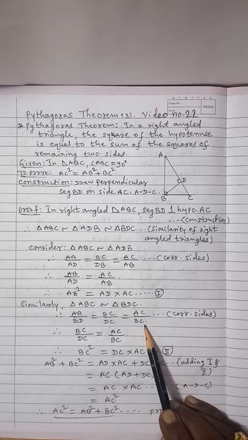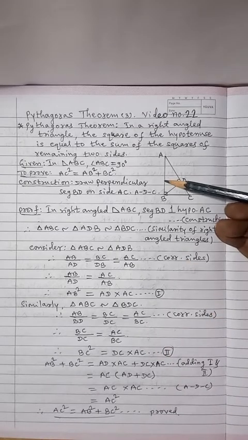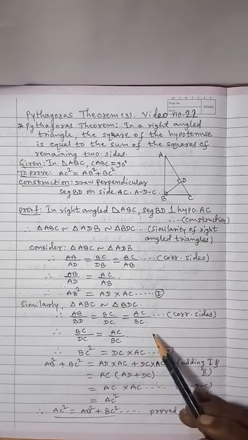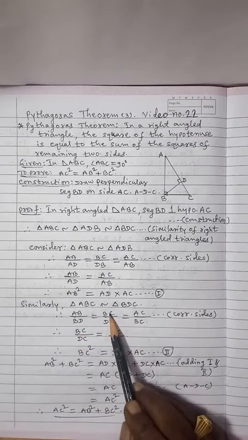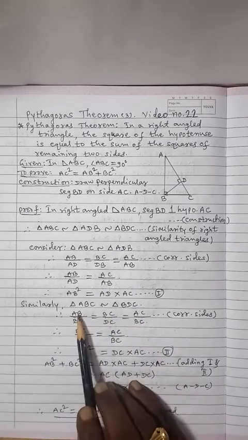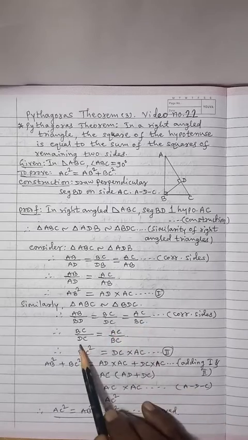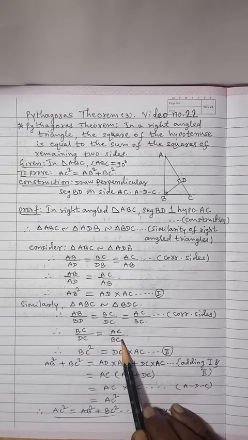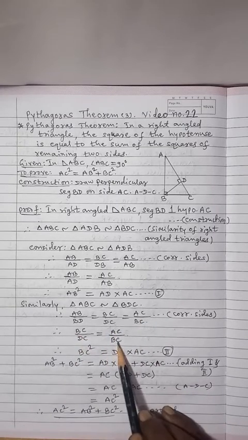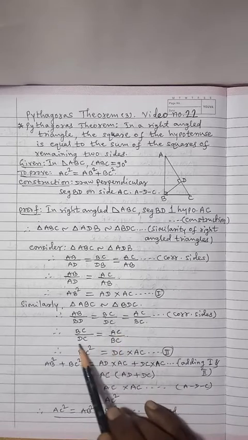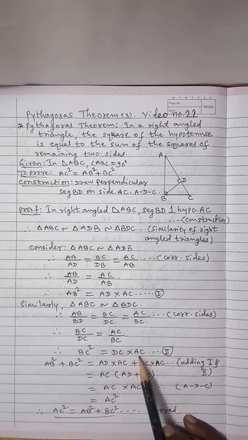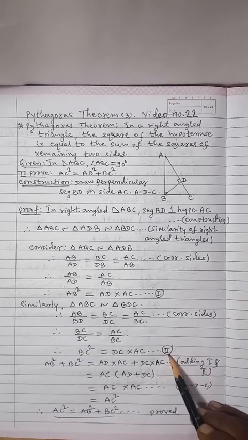This is the key point. Getting AB square and BC square is the key point of the proof. So here it is BC, here it is BC. This ratio is not required. So BC upon DC is equal to AC upon BC. Now cross multiply. BC into BC, BC square, is equal to DC into AC, result number 2.